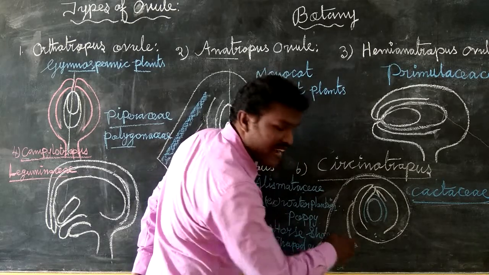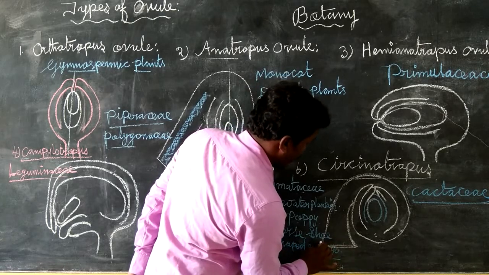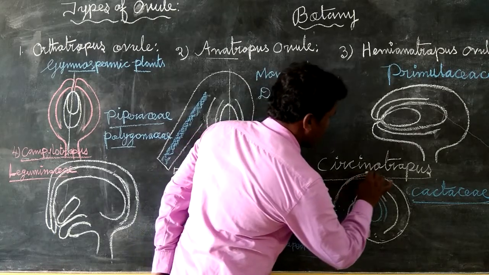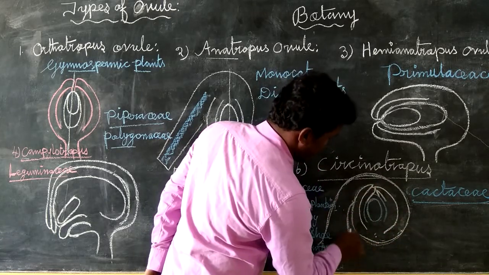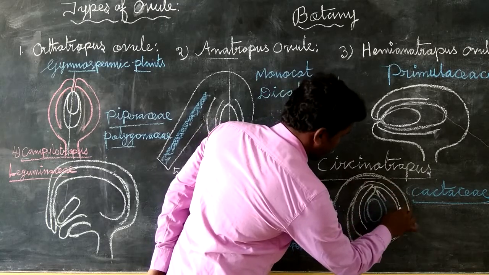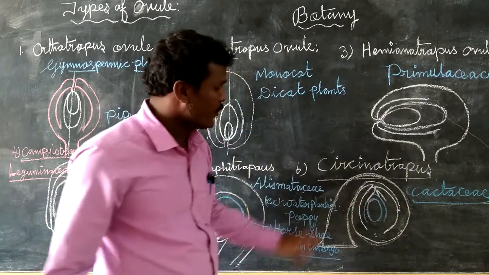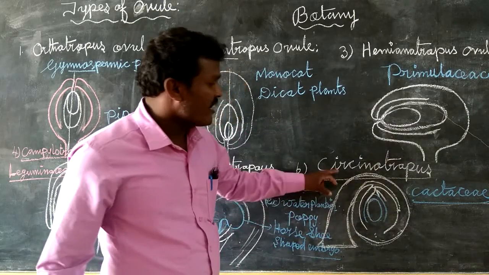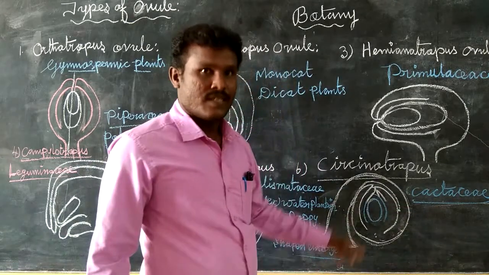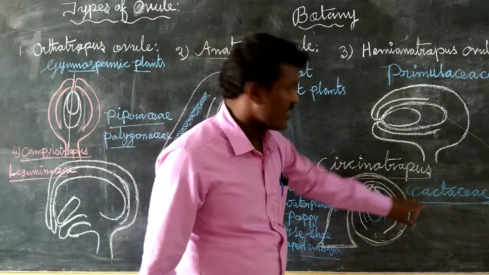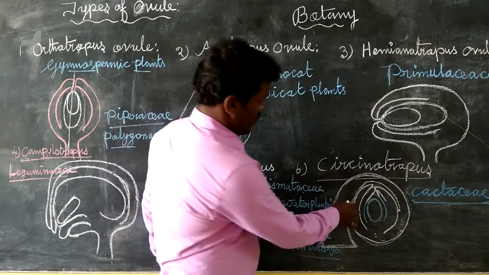The funicle starts from here and is attached like this, surrounding the ovule. If the funicle covers the ovule, then it is said to be circinotropous ovule. Example: Cactaceae.